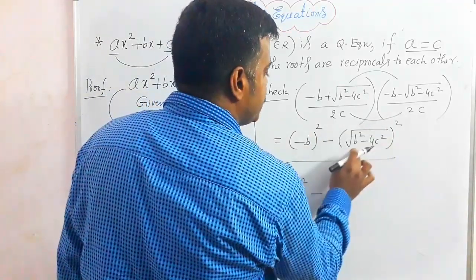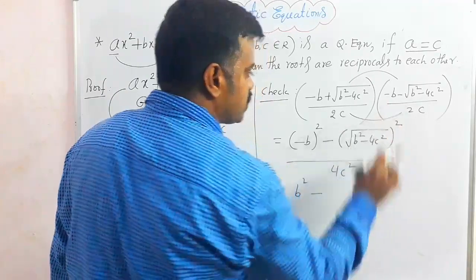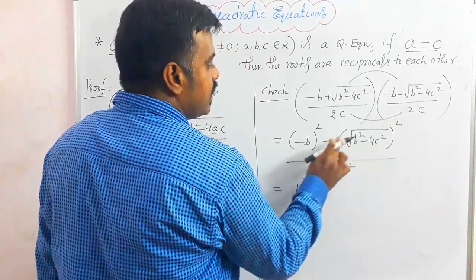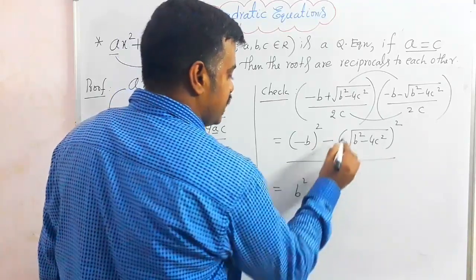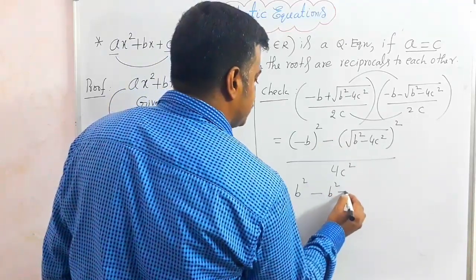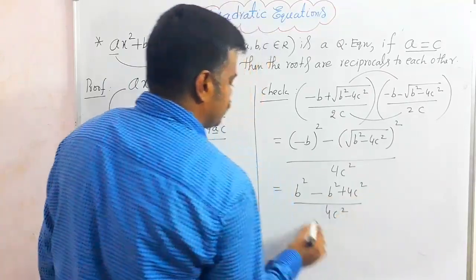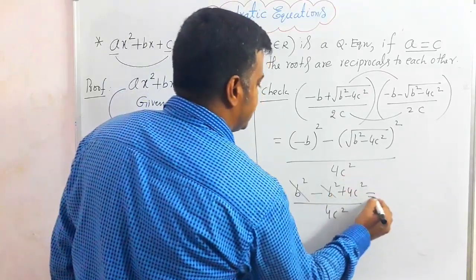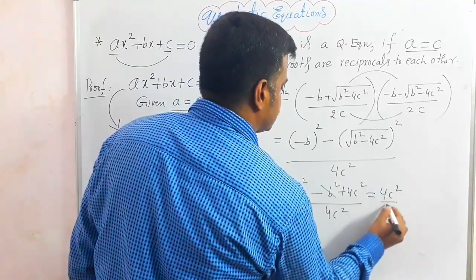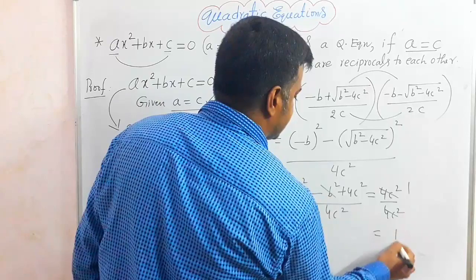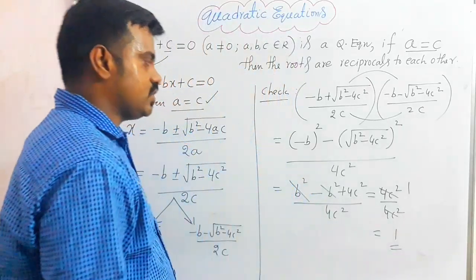Here root of b square minus 4c square whole square is equal to b square minus 4c square. Before the bracket minus is there, if you remove that, it will be minus b square plus 4c square by 4c square. This both gets cancelled, that equals 4c square by 4c square. Again this both gets cancelled, the result is 1.